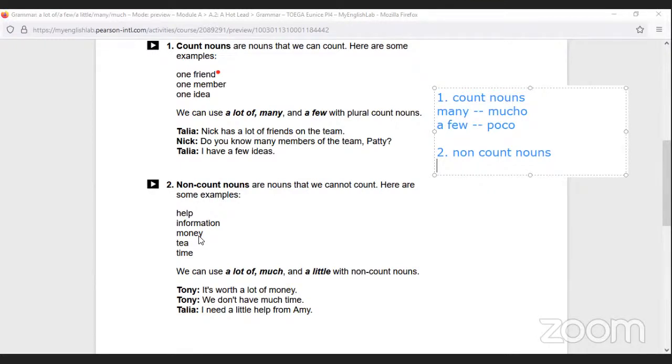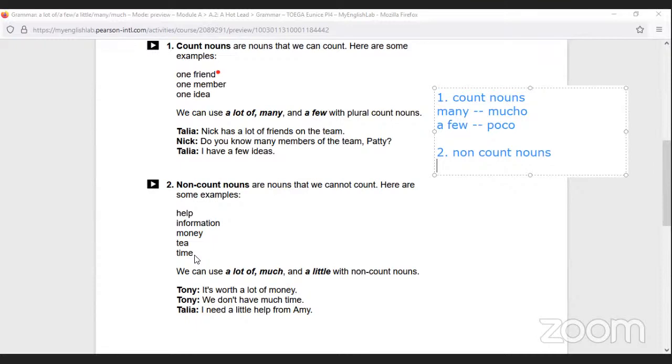I don't say I have 5 monies, for example, okay? So the same happens with time. I can count, for example, in order to say I played soccer 2 times.